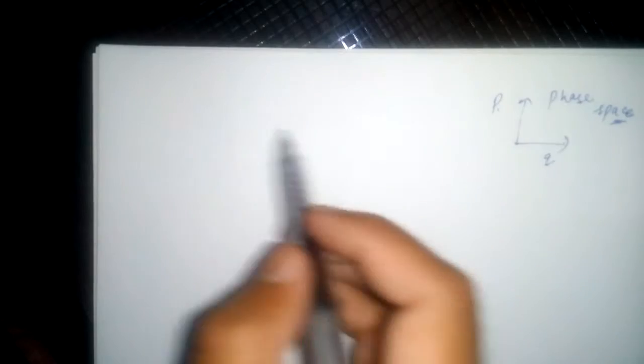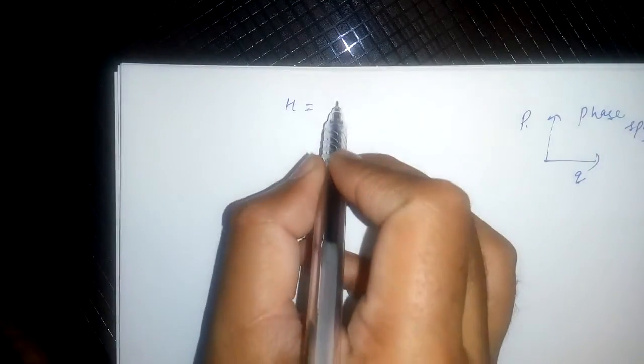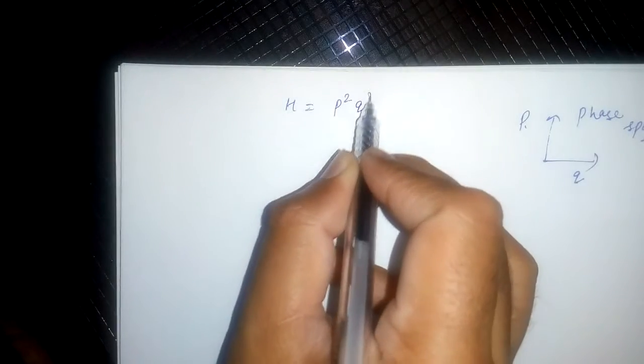For this we will use the example from last time, H is equal to P square Q square. Then we have to find the relation between P and Q. Use the equation of motion. What is the equation of motion?